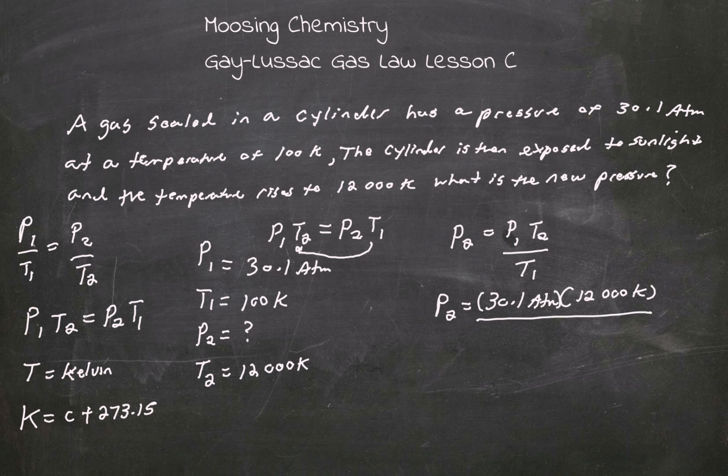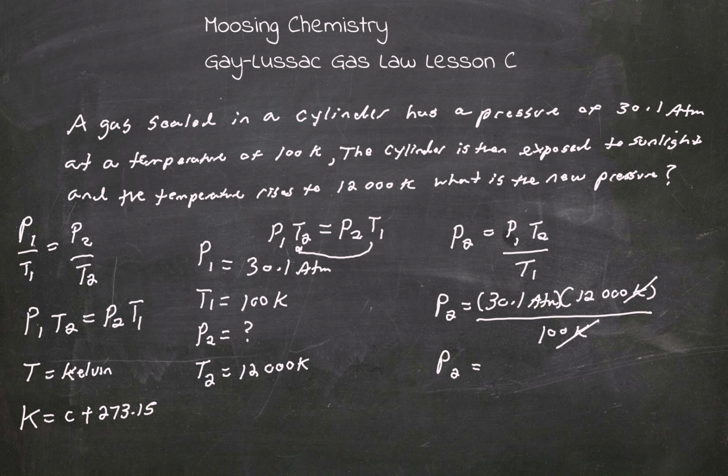And divide it by 100 K. All right, that's okay. So the K's cancel out, and all we have left is atmospheres. So that's what we're going to solve for. Very easy. I kind of like these gas laws. They're pretty common sense.